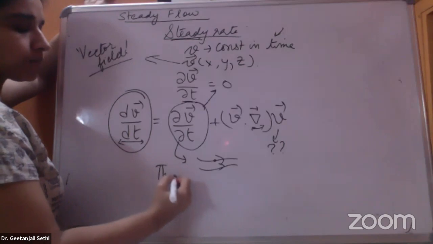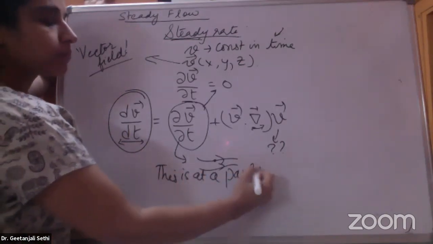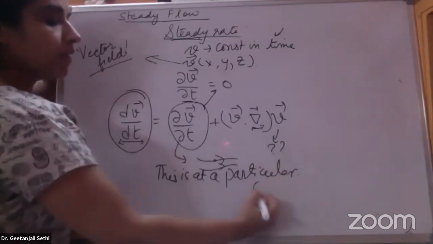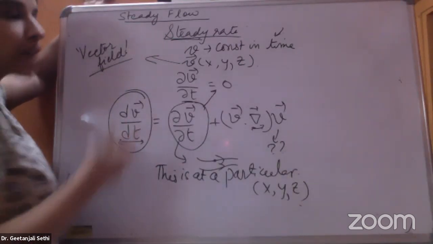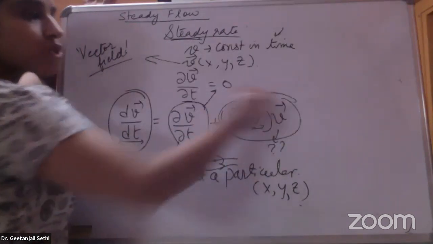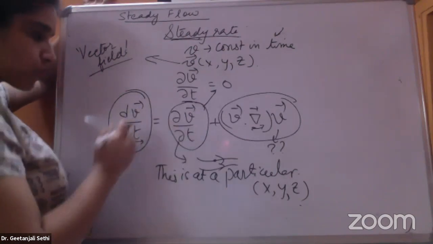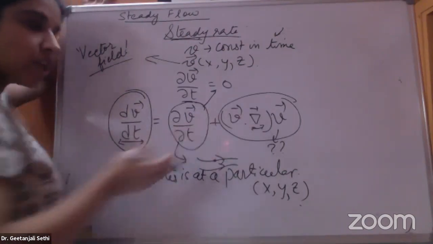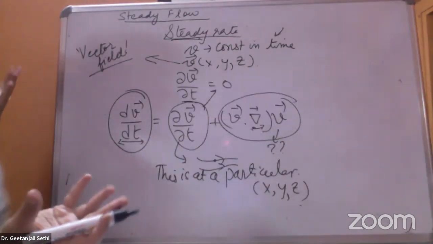This is at a particular point, at a particular x, y, z. But as you move along the fluid, things can change and evolve. So if you look at this term, as you move, time will definitely progress.